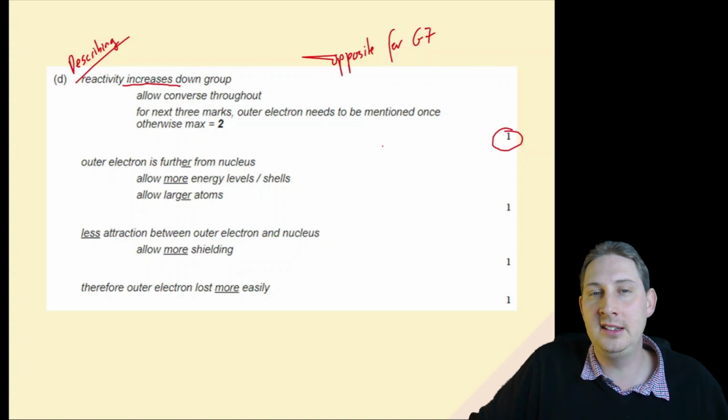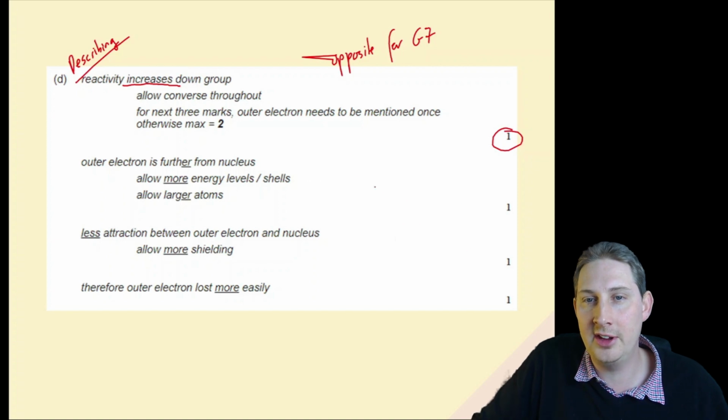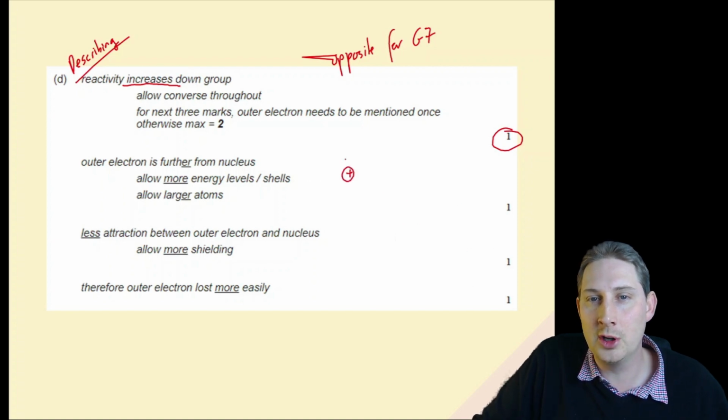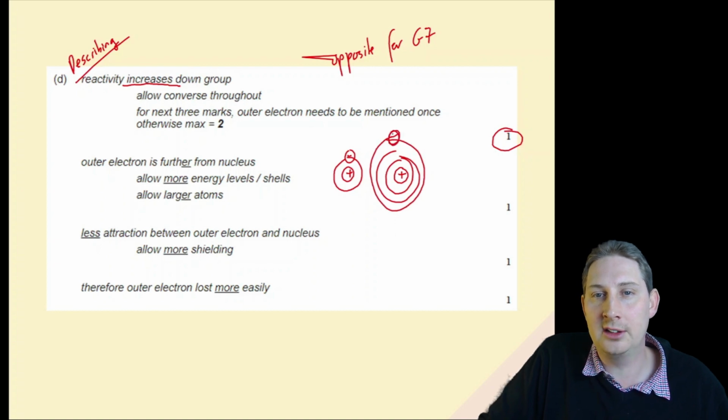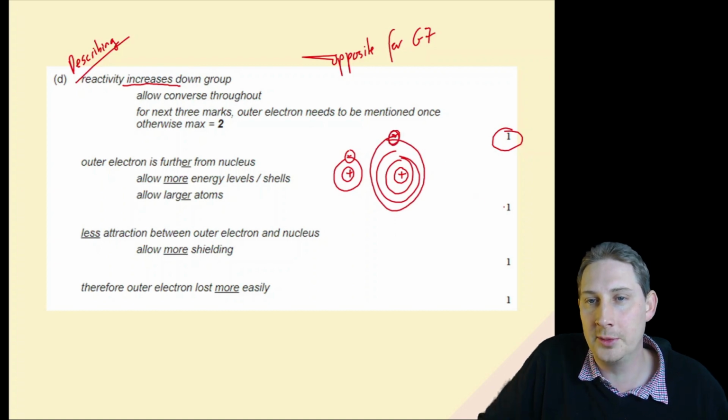Where reactivity decreases down the group. Well, why does it do that? Well, the first mark is for talking about the fact that at the top you've got the outer electron being quite close to the nucleus, whereas the larger you go, the outer electron is further and further from the nucleus.